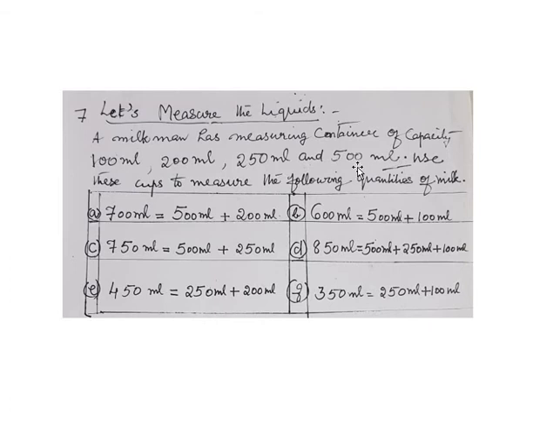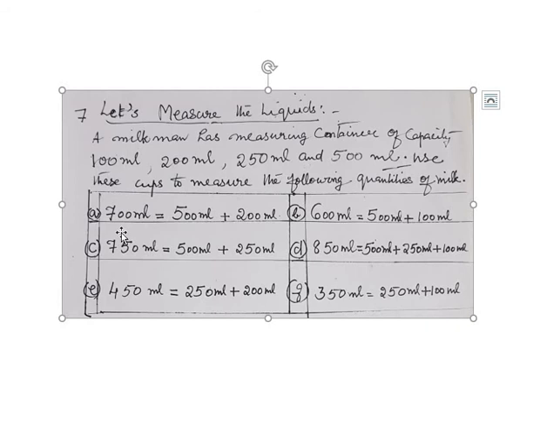You can see in your textbook different cans' pictures also given. 100 ml can, 200 ml can, 250 ml can, 500 ml can. Now what is the question? Using these cups to measure the following quantities of milk. Some particular quantity of milk is given and we have to use these particular cans and measure that amount or capacity.